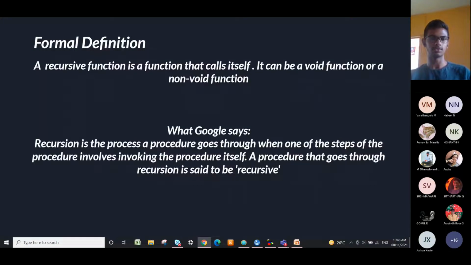What Google says is that recursion is the process a procedure goes through when one of the steps of the procedure involves the procedure itself. A procedure that goes through recursion is said to be recursive. If we define a function as recursive, it is basically calling the function again and again. So that's a recursive function.